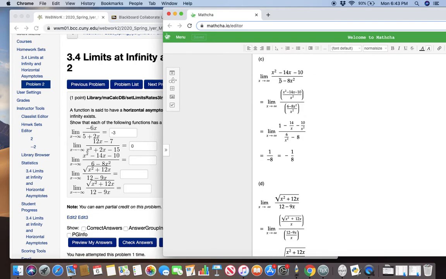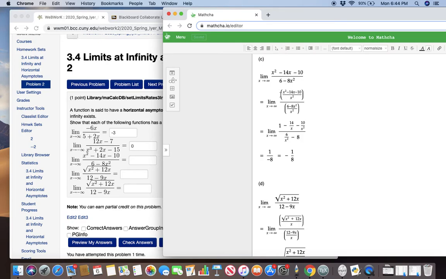Divide the numerator and the denominator by the highest power of x you find downstairs. The highest power of x here is x squared, so take the numerator and divide by x squared, and take the denominator and divide by x squared.